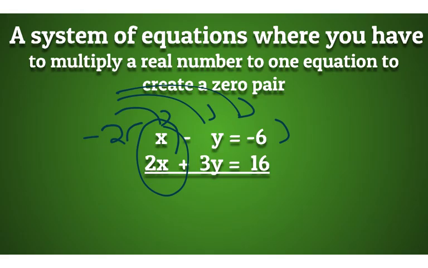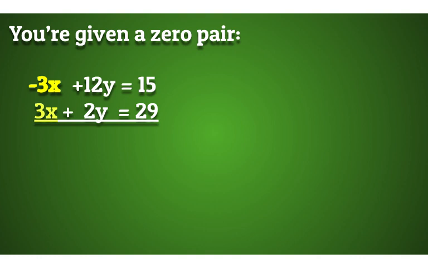I'm going to go through each type of question and show you how to approach and compute the system of equations through elimination. Let's look at our first example where they give you the zero pair. If they give you the zero pair, just cross it out and then add vertically the rest of the equation.